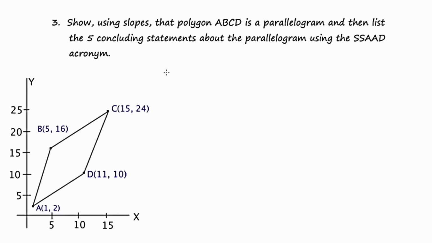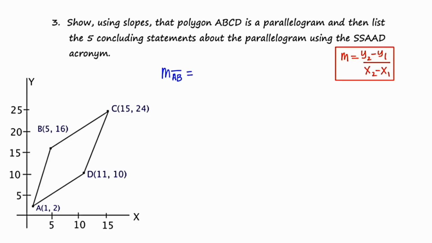So I'm going to start by finding the slope of AB. Okay, so the slope of AB, I need the change in y over the change in x. Let's remember that slope can be found using rise over run or using the slope formula. And maybe it's worth writing that down real quick over here. Okay, so we wrote the slope formula down just so we have it at our fingertips.